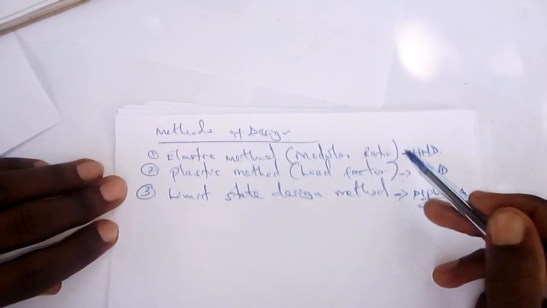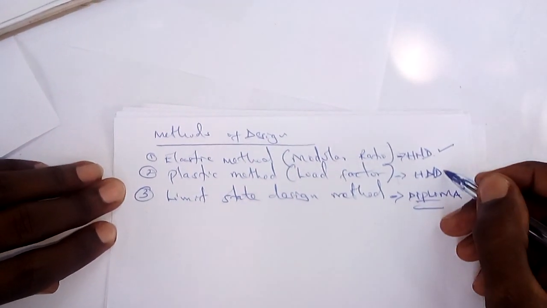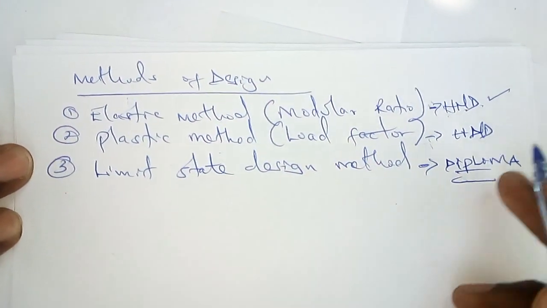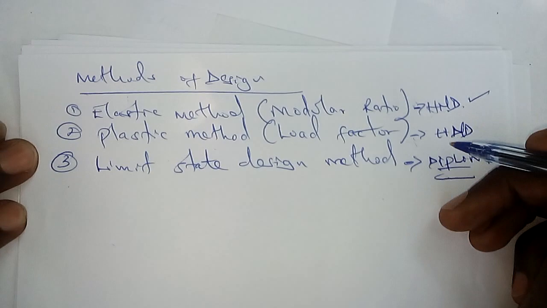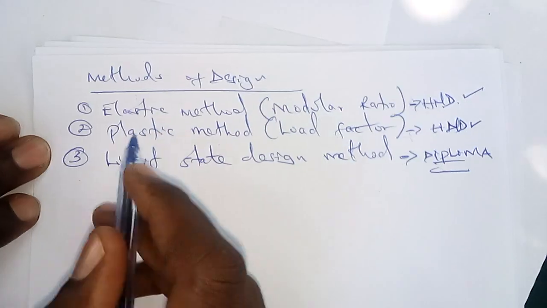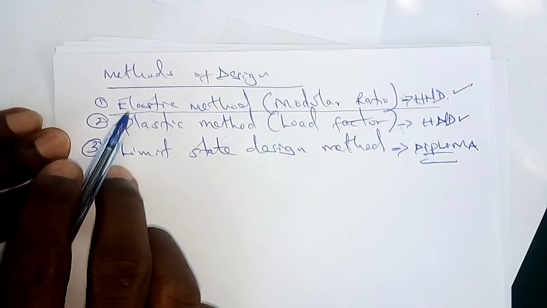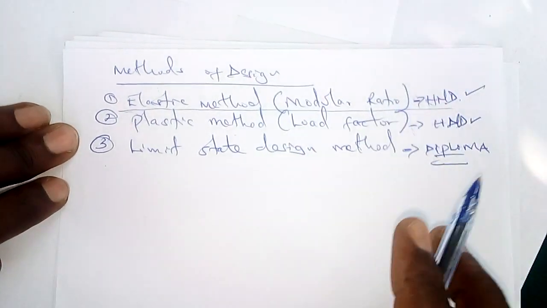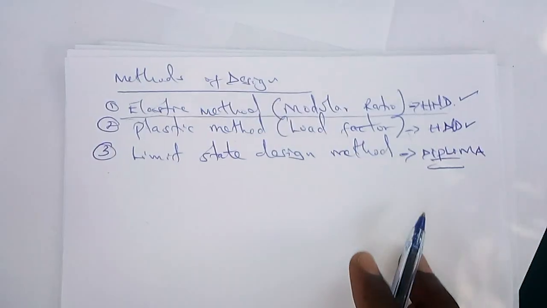For Higher National Diploma, we only deal with the elastic method, also known as the modular ratio method, and the plastic method, or load factor method. So let's start with the elastic method, also known as the modular ratio method, under beam design.